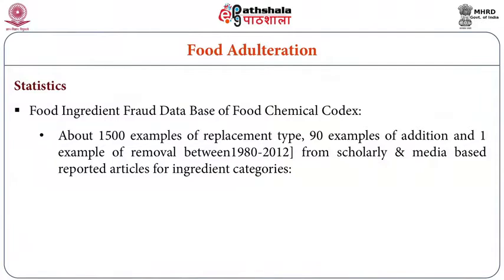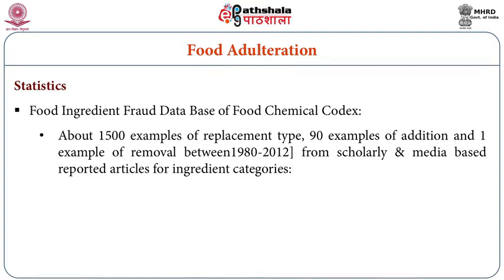Then there are different examples. So far, people have identified a database for food ingredients and adulteration. Some 1500 food items are replacing other ingredients, or in some 90 examples we are adding something extra, and in one example we are removing material from that.